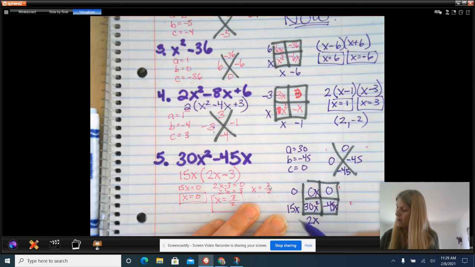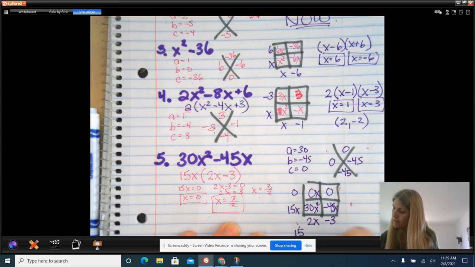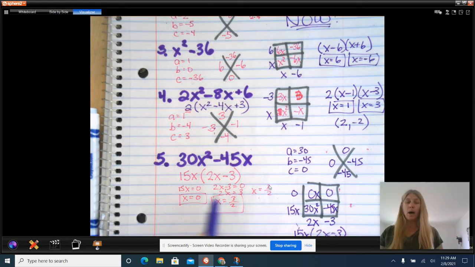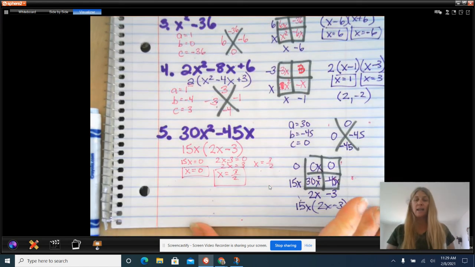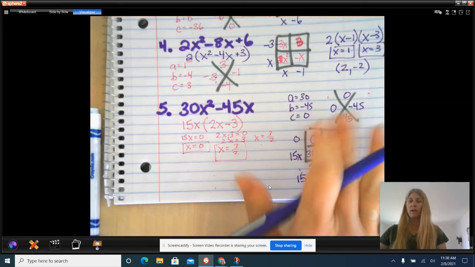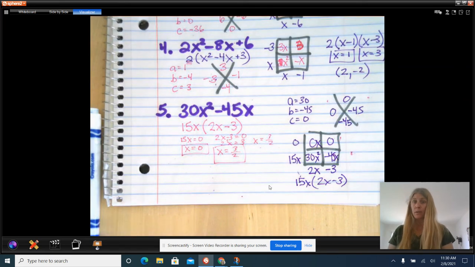And then down here, 15 times negative 3. And that's how we get our side of 15x plus 0, which is just 15x, times 2x minus 3. So if you could have spotted that right away, then that is going to save you all of this work and a little bit of confusion with all those zeros as well. Once again, we're going to continue working on this with our Desmos activities.